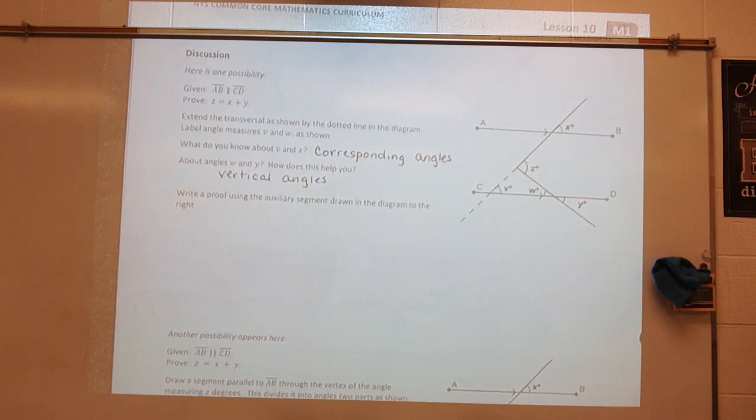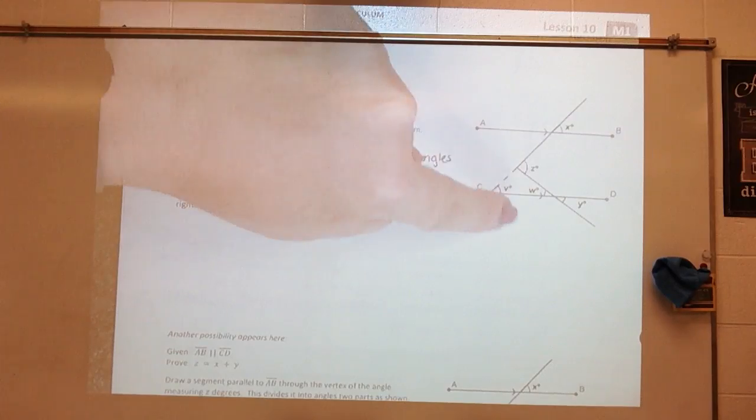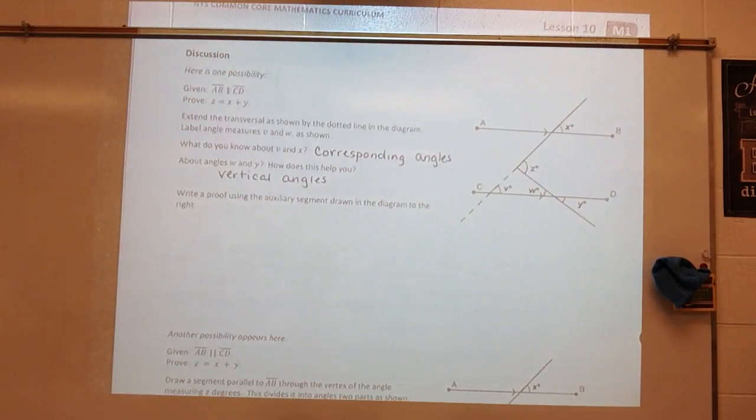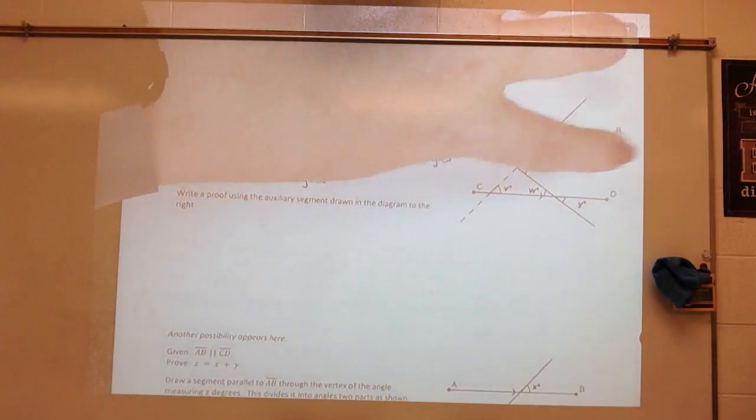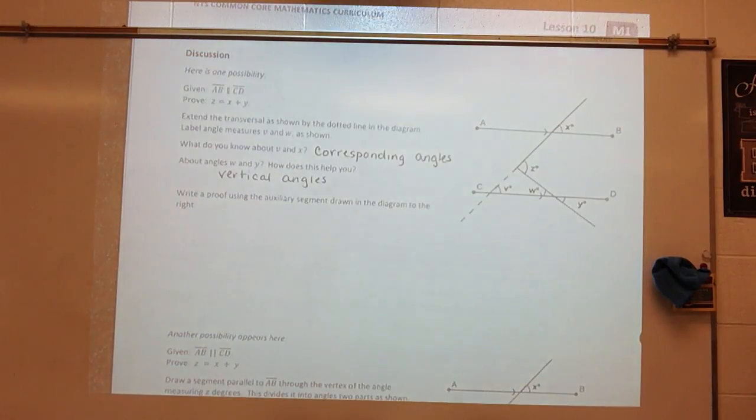Okay, so let's look at this. We created a triangle here. We need to figure out that Z is equal to X plus Y. Now, a lot of times with proofs, it's very hard to figure out where to start. And this was not the exact way that I wanted to introduce proofs to you by doing it virtually.